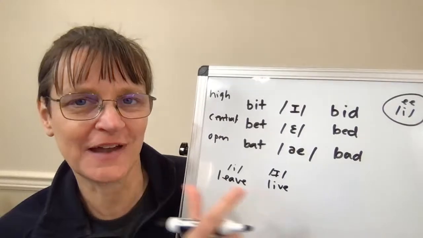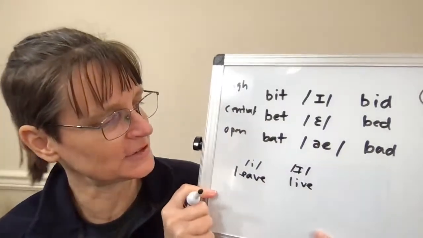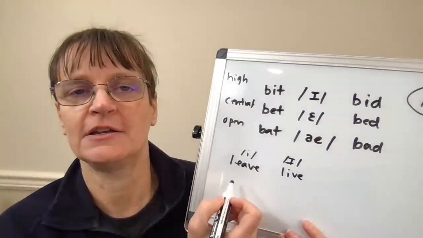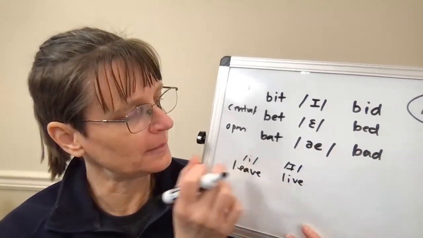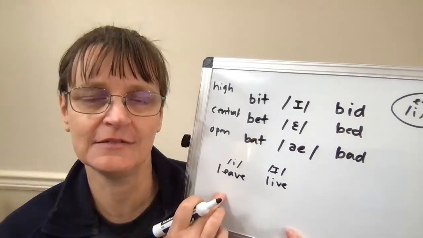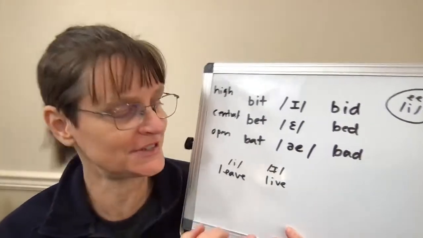So they don't change the vowel, they just go shorter. And that technique doesn't work. You actually need to have the same length of vowel, but a different vowel sound. So leave and live need to be two distinct sounds.